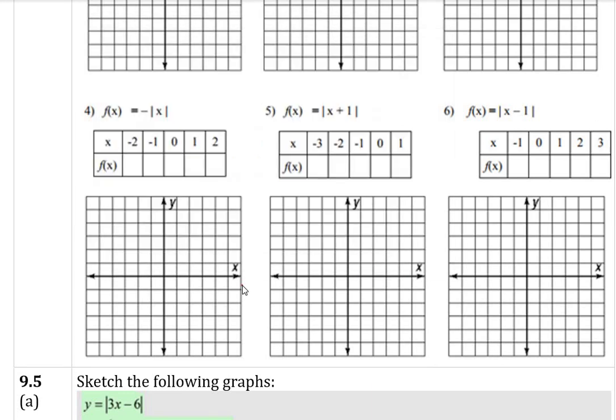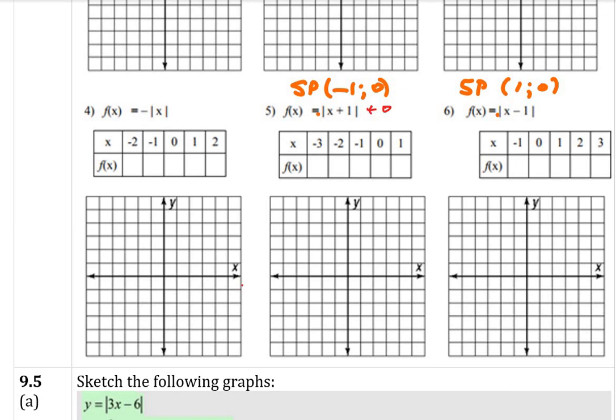I mean, if I look here, then this should be a 0 there. Okay, that should be a 0 there. And then the salient point will be minus 1, 0. And the salient point here should be 1, 0. And this is a positive, and this is a positive. So from there, arms up.